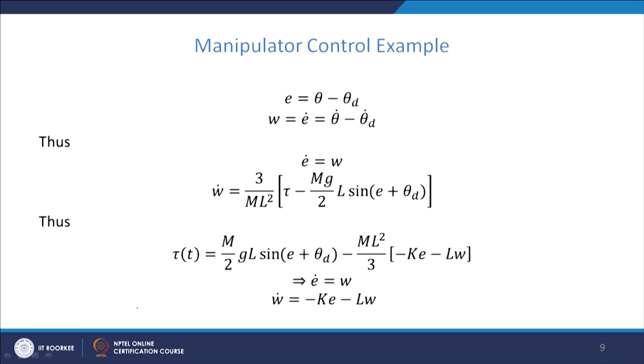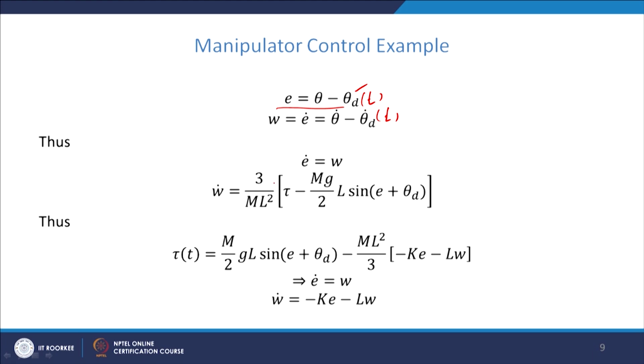So, now after obtaining the desired trajectory as a function of time, we define the error. Actual angle is theta and desired angle is theta d as a function of time. These are all functions of time, and w is E dot, the derivative of E, and that is nothing but theta dot minus theta desired dot, the derivative.